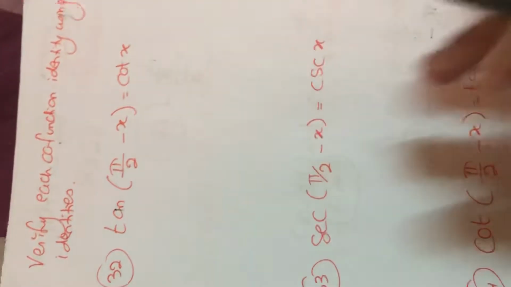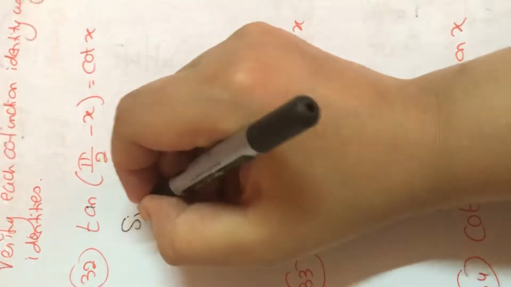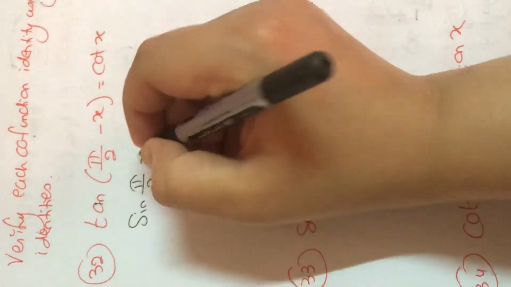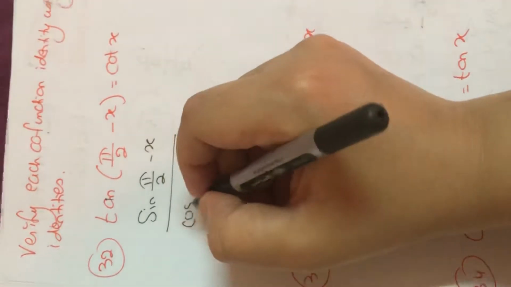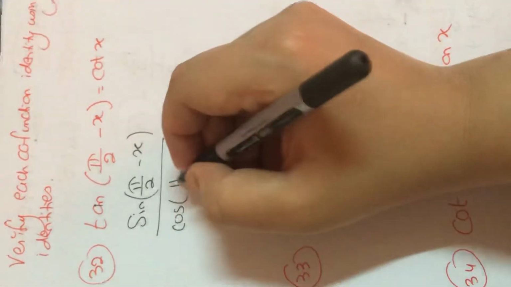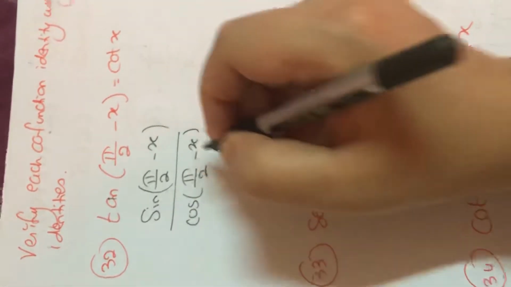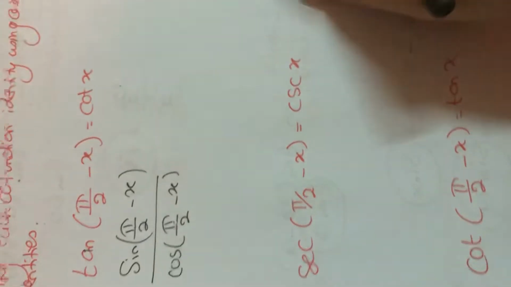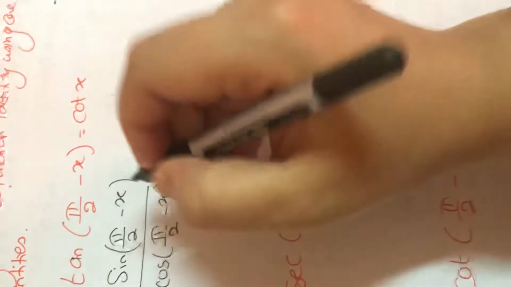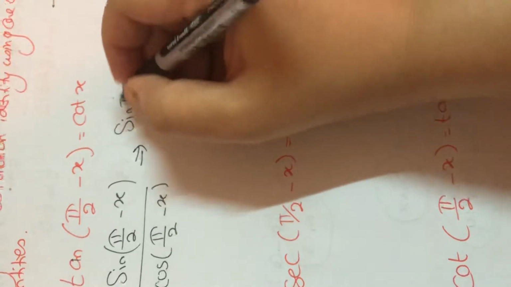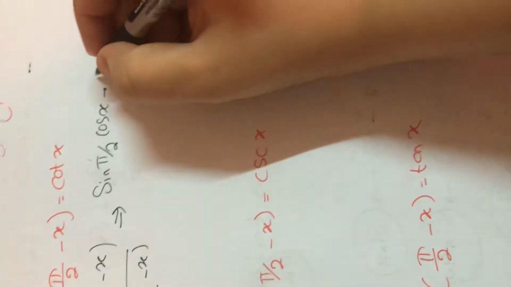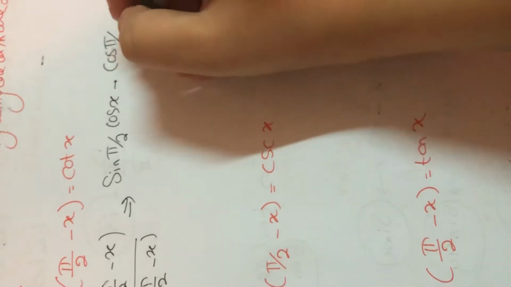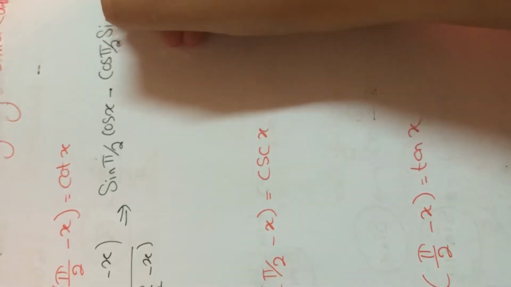And these are all, as I said, co-function identities. If I change the question, and I'm using a quotient identity because tan is sine over cosine, now let's use the sine difference identities. It's going to be sine pi over 2 cosine x, the same sign, cosine pi over 2 sine x.